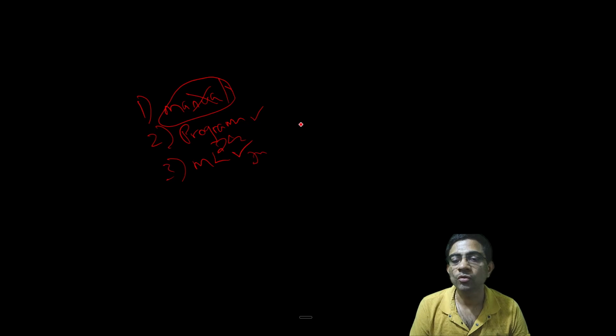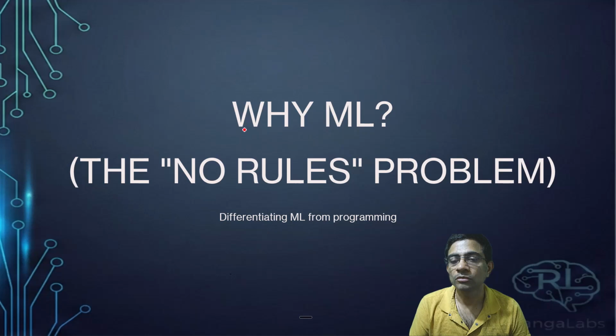So in this video, what we will talk about is why we actually need machine learning, rather than why can't we be happy with programming. Okay. So why ML? This is the topic of the video, and what we are going to see is the no rules problem.